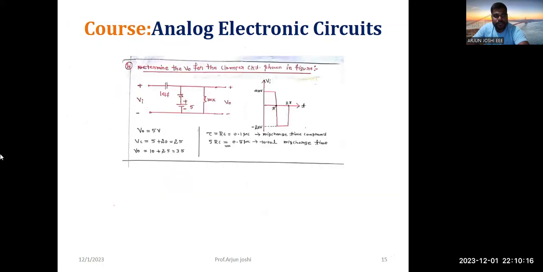Take down the example problem. Similar kind of problem, everything remains the same. V naught is equal to 5. Vc is equal to plus 5 plus 20, 25. V naught is equal to 35. You need to consider here 10 minus 20. You need to write down the waveform. Everything is remaining the same.